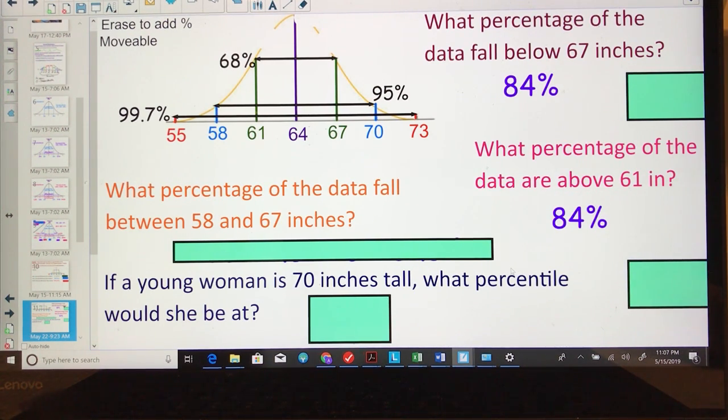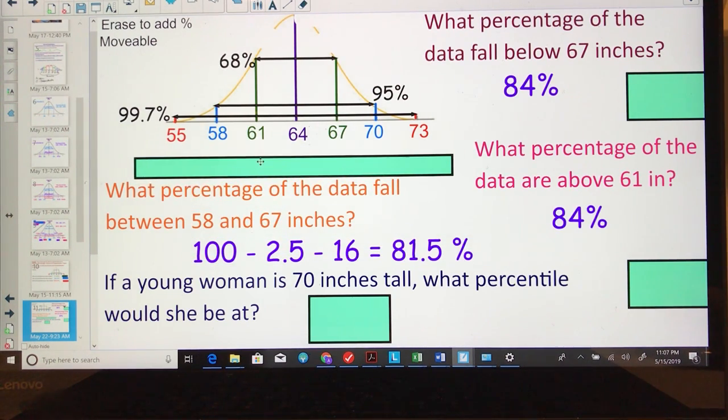What percent of the data fall between 58 and 67? So from here all the way to there. Well, this is your 34% and 34% and 13.5. Or you can go the other way. 100 minus 2.5 minus 16 gives you your 81.5.